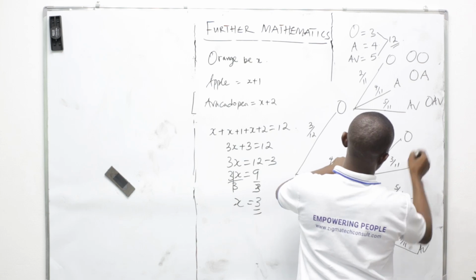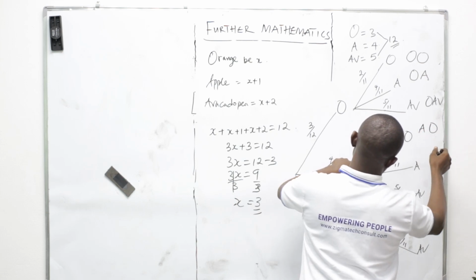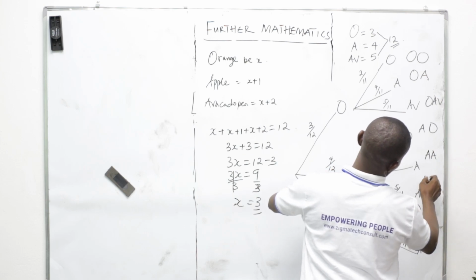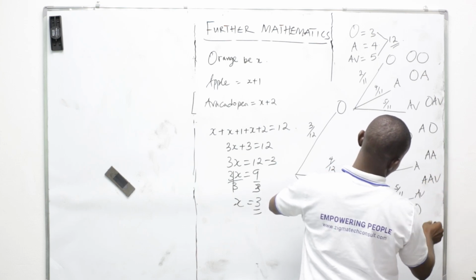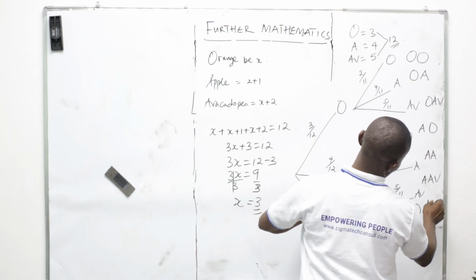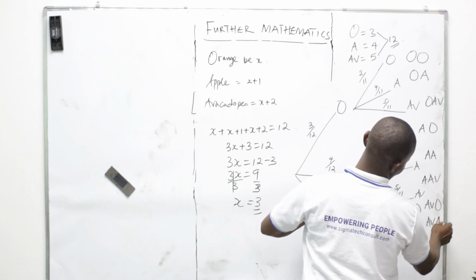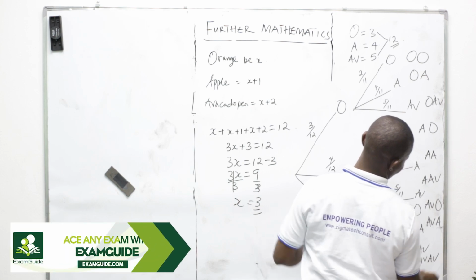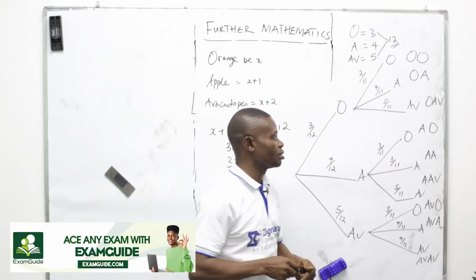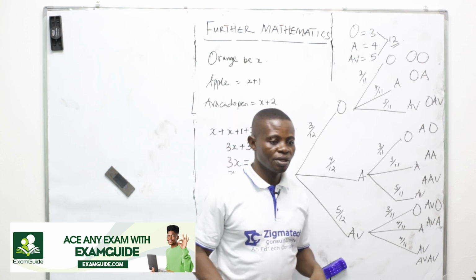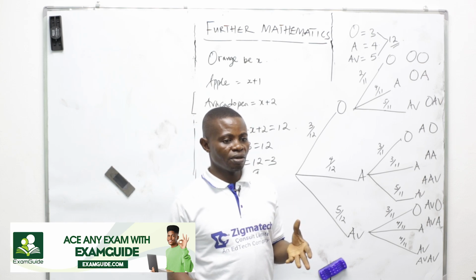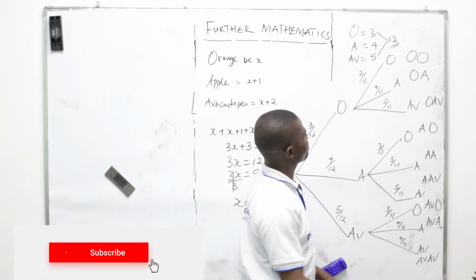This is apple, orange, apple, apple, apple and avocado pear, avocado pear, orange, avocado pear, apple, avocado pear, avocado pear. The question is, the first is what? An orange. The second is avocado pear.